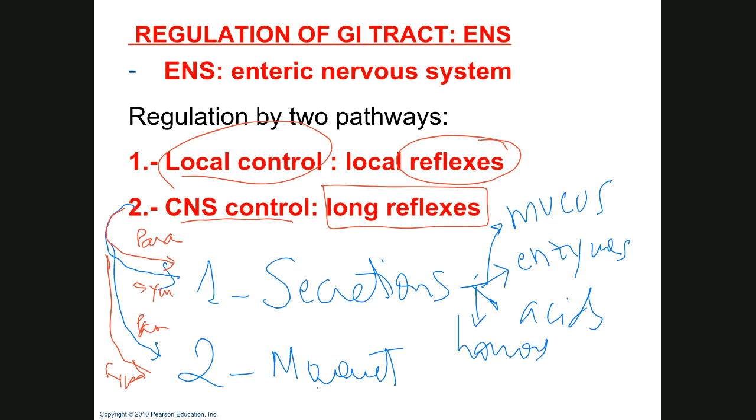The other one is coming from the central nervous system, which we call the long reflexes, the CNS control. So oftentimes, you may hear about the gut brain. The gut brain refers to this local control right here, this ability of the GI tract to have its own little network of nerves that can be stimulated locally without the help of the brain.